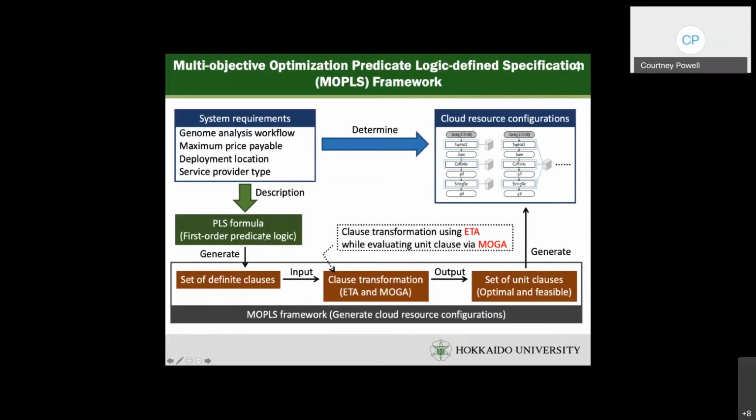And from this formula, we generate a set of definite clauses representing the constraints. And we use equivalent transformation to generate feasible configurations from those constraints and requirements. And from those feasible configurations, we select the optimal and feasible cloud resource configurations.